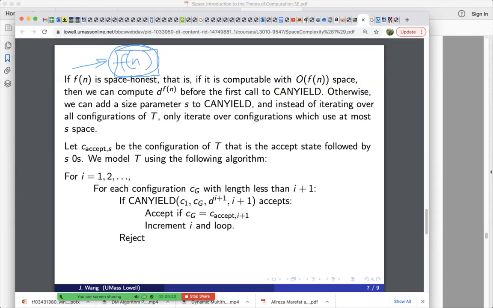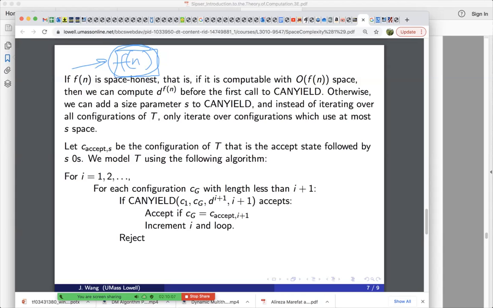So we model T using the following algorithm without computing f of n. Because we don't know what f of n is, I'm going to try all possible values of i from 1 to, I don't know when it's going to stop. The stopping will depend on the following.